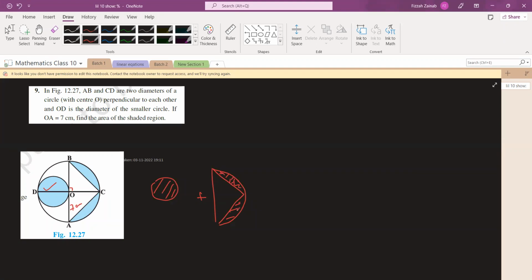How much is the radius of the smaller circle if I say 7? Sorry, 7 is the diameter, not the radius, of the smaller circle.